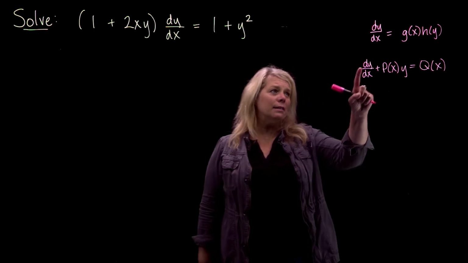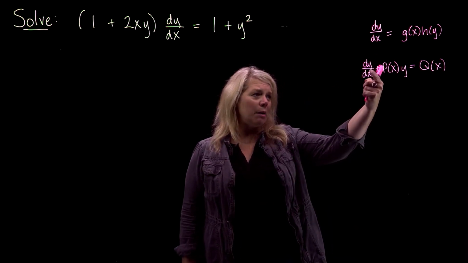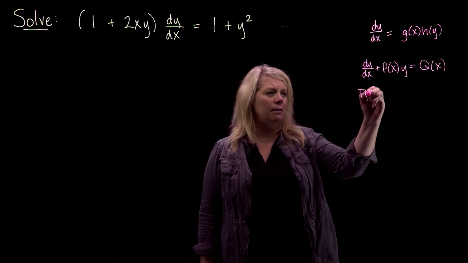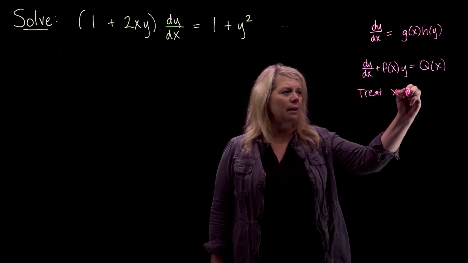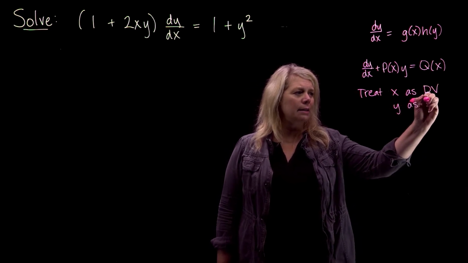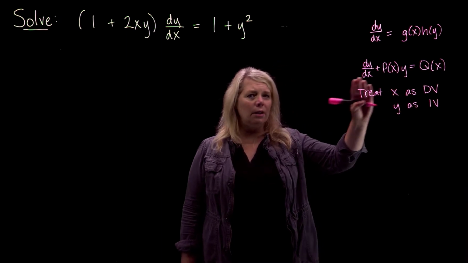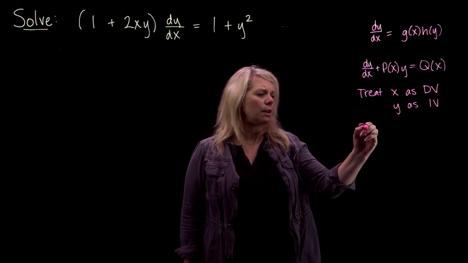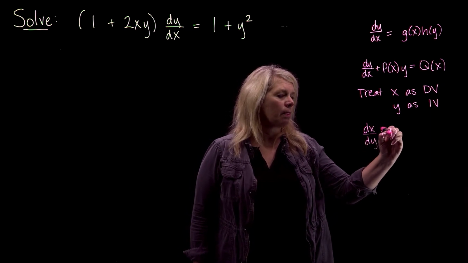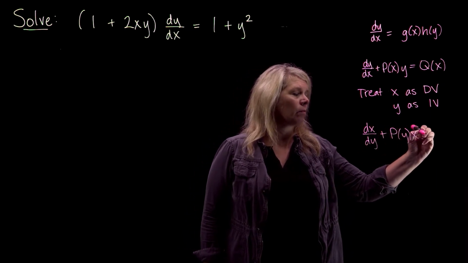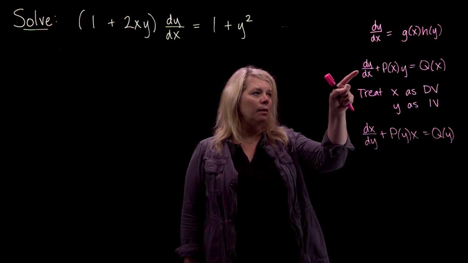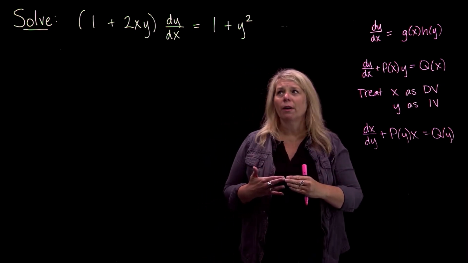But this is treating y as the dependent variable and x as the independent variable. If I treat x as the dependent variable and y as the independent variable, then you can sort of rewrite this so that you have a differential equation of that same form, but switching the role of the two variables.